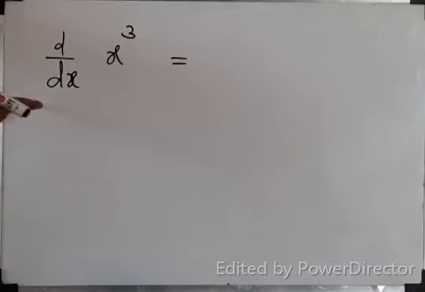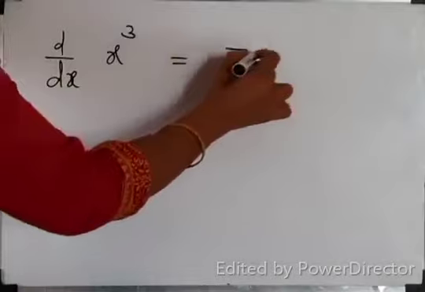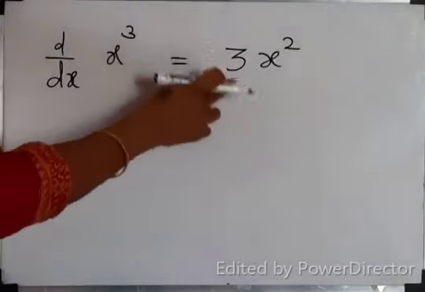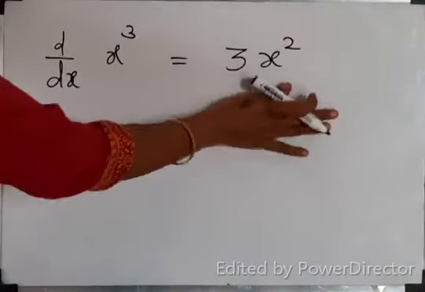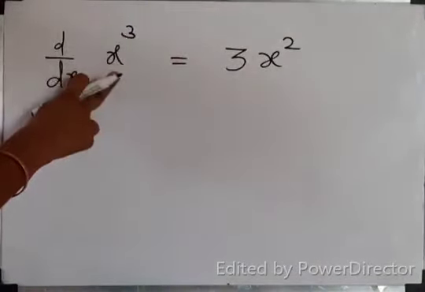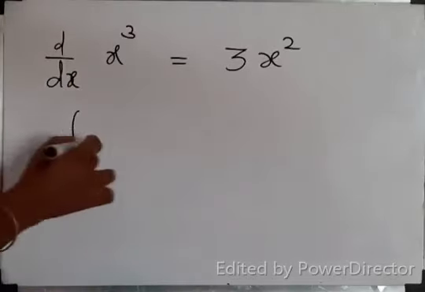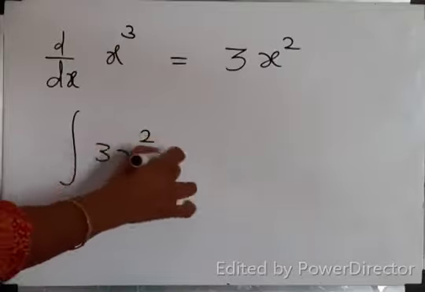Everybody can answer 3x square, correct? n into x power n minus 1. If you do the integration of this answer, you will get the question back. X cube you will get. That is integration of 3x square dx.